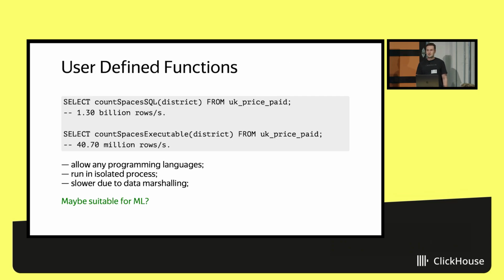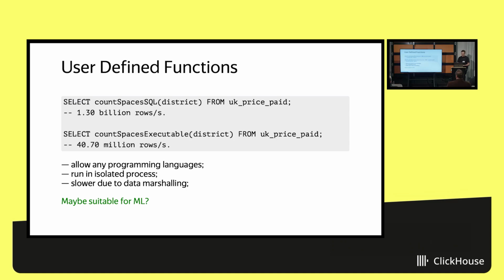So let's take a look at the performance of these functions. The first one is the SQL user-defined function, and it runs at a speed of 1.30 billion records per second. Is it fast? Probably. Probably it is at least over a billion.